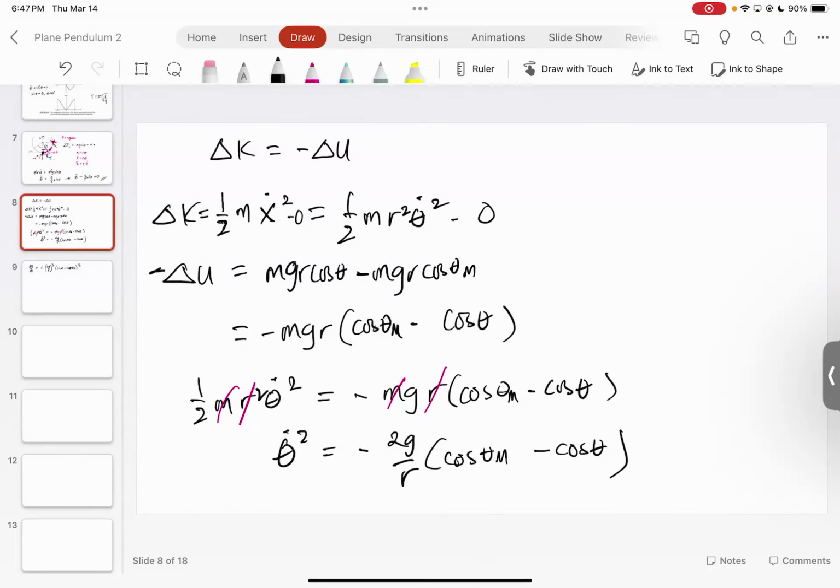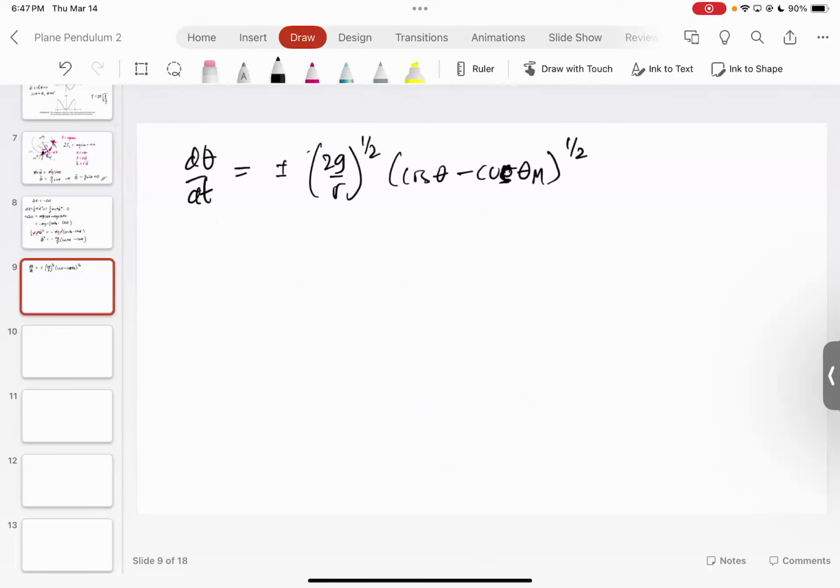Okay, from there to there. So this is our working equation.